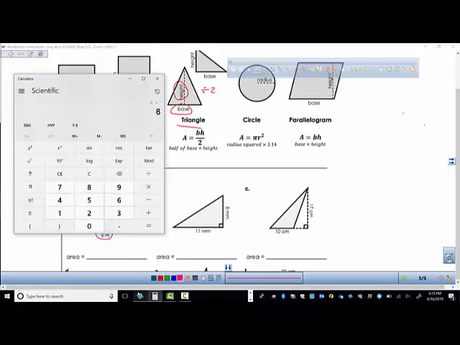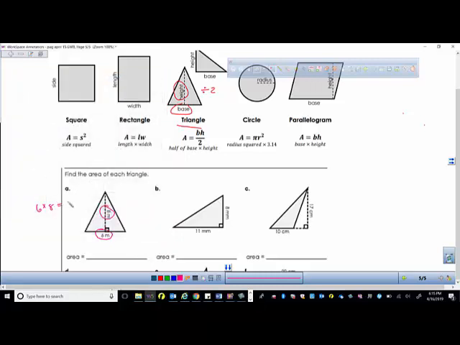So 6 by 8 is 48. And because it's a triangle, that means there's two of them in a big rectangle, so we have to divide it by 2. So 48 divided by 2 is 24. So we're going to get 24 square meters.